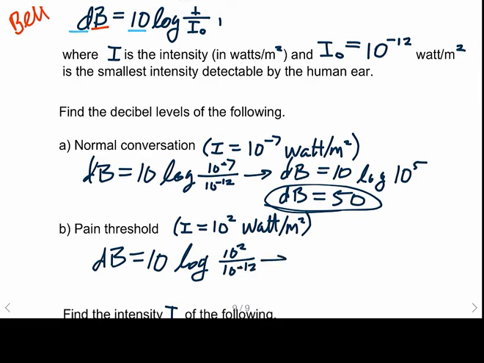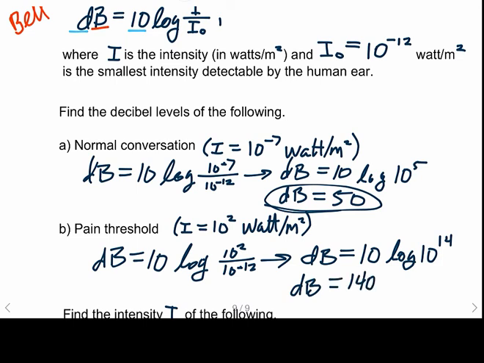And so that's going to give me that the decibel level is equal to 10 times the log of 10 to the 14th. And if you either reason your way through that or put it in your calculator, you're going to find out that the decibel level is 140. Oh, I forgot to put the units, decibels. So 140 decibels, you're experiencing pain.